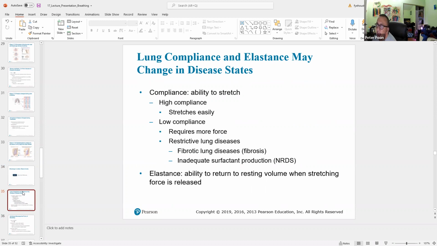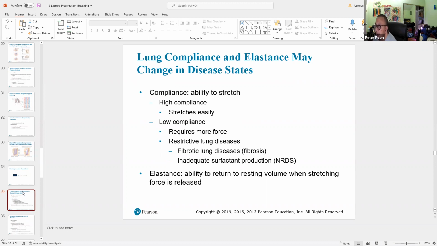Lung compliance and elasticity might change in disease states. The compliance is the ability to stretch. Your lungs normally should have high compliance. If it's low compliance, it requires more force to expand.